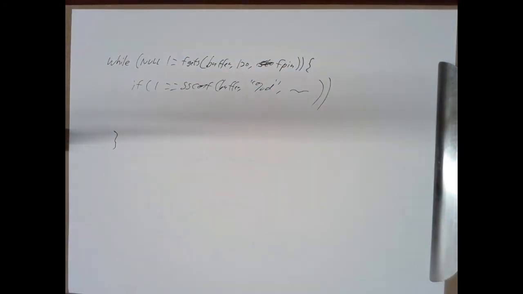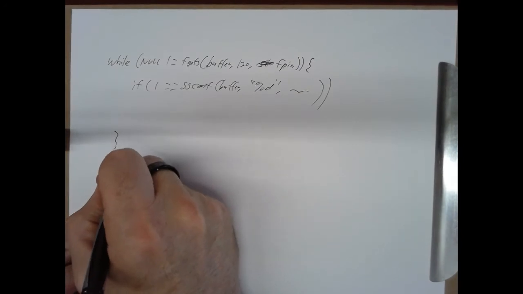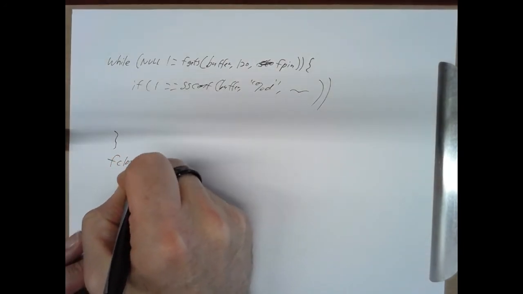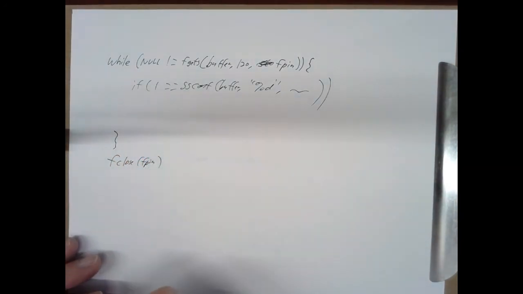And if it returns 1, it got a good integer, go ahead and add that integer to your running sum. Otherwise, you don't have to do anything, just go back to the top of your while loop, read another line. When you get to the end of it all, right, close your file just to be clean, and return your sum.